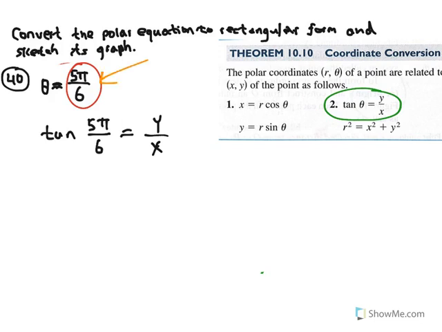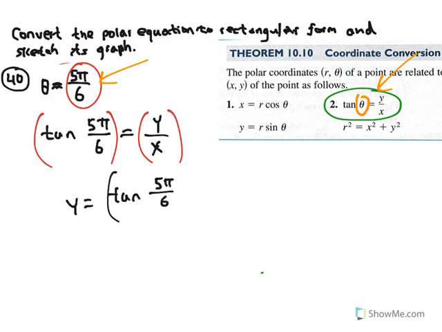We're given that theta is 5 pi over 6. Now we can solve this equation for y by multiplying both sides of the equation by x. When we do that, we get y is equal to tangent of 5 pi over 6 times x.